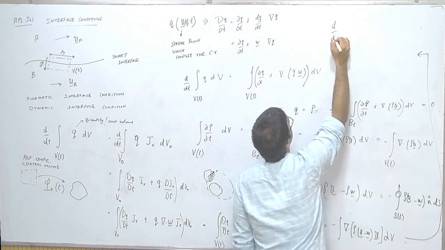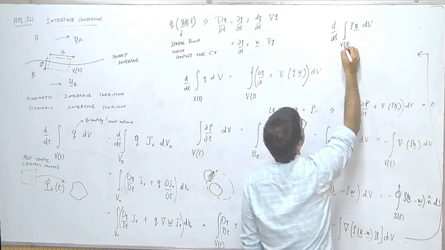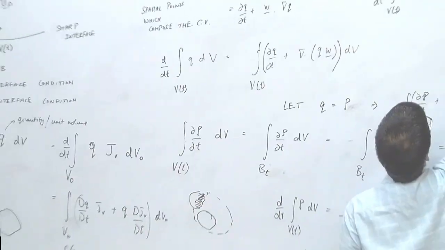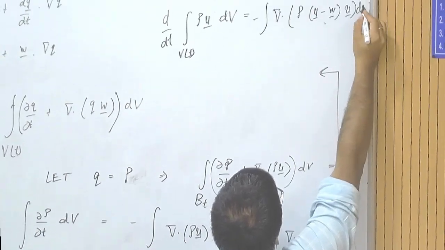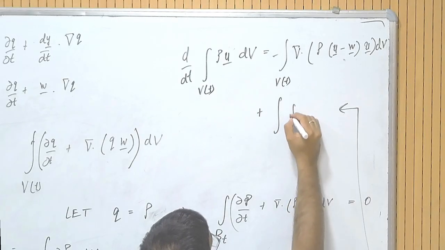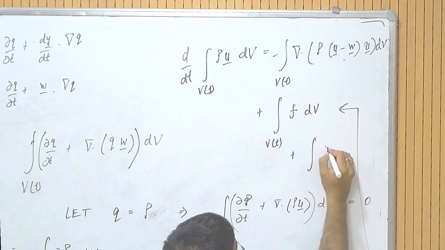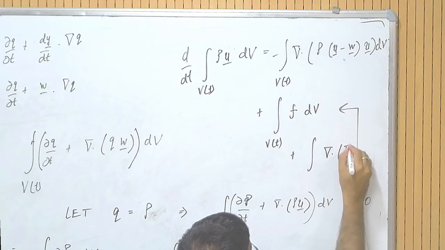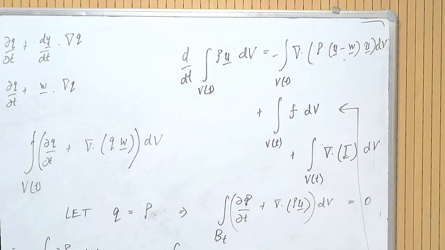So d by dt of the integral of rho u dv inside this arbitrarily varying control volume will be minus the integral of del dot rho (u minus w) times u dv, plus F, the body force, plus the remaining terms. This is what you will get.